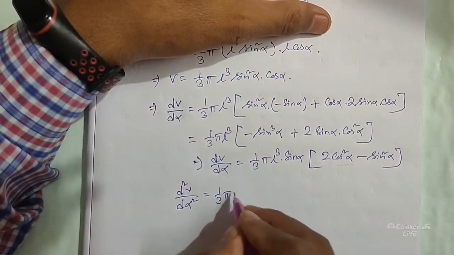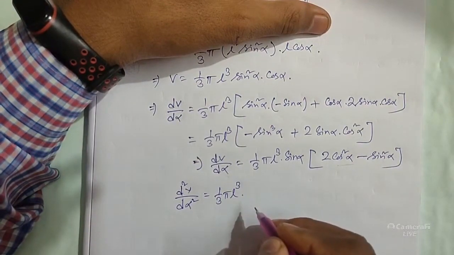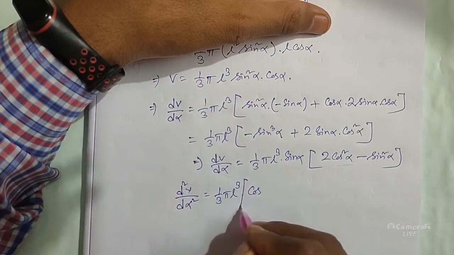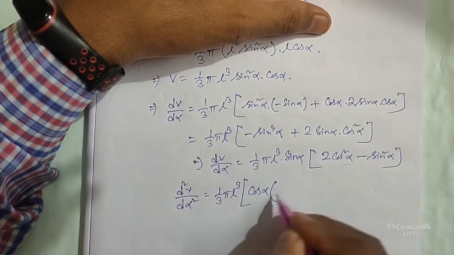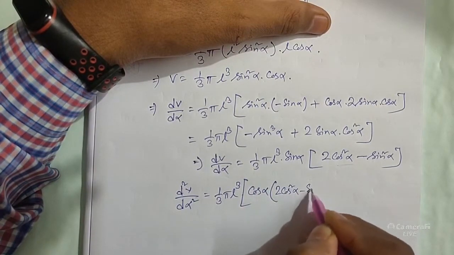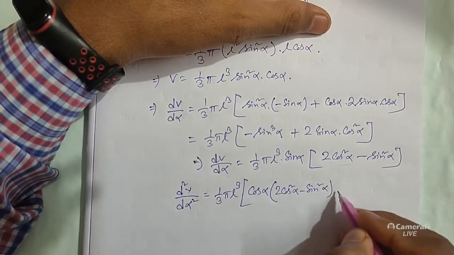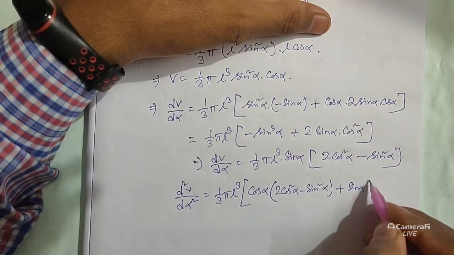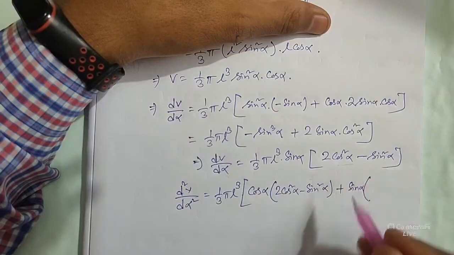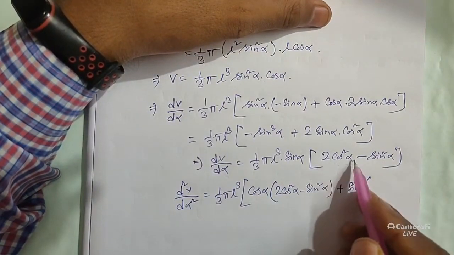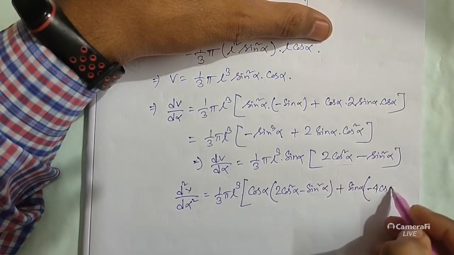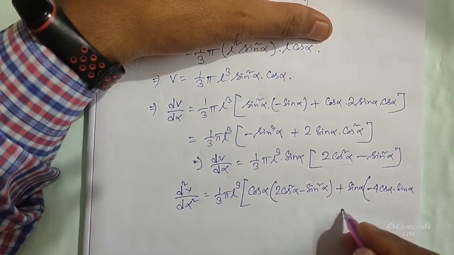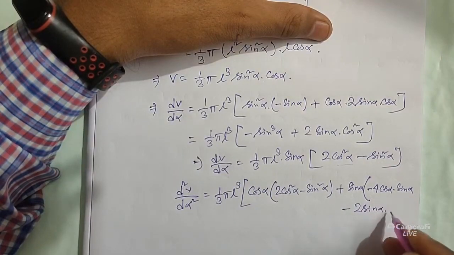So 1/3 pi L cube constant, sin alpha differentiated is cos alpha into 2 cos square alpha minus sin square alpha, plus sin alpha unchanged. Here if we differentiate, we are getting minus 4 cos alpha sin alpha minus 2 sin alpha cos alpha.